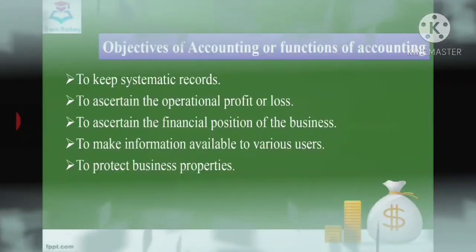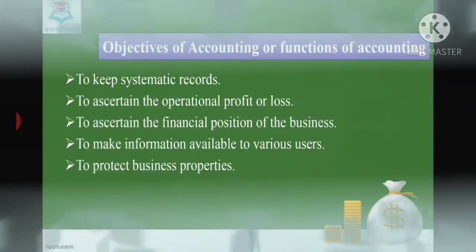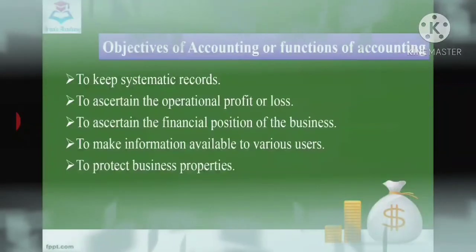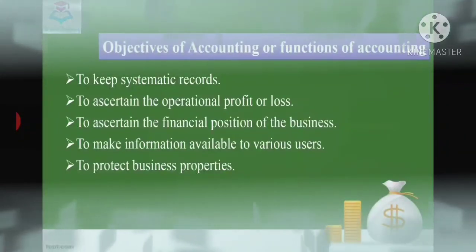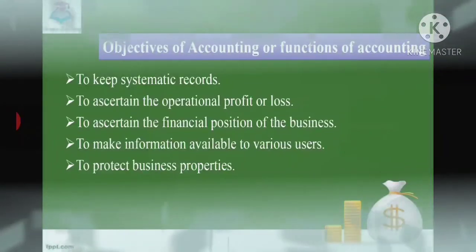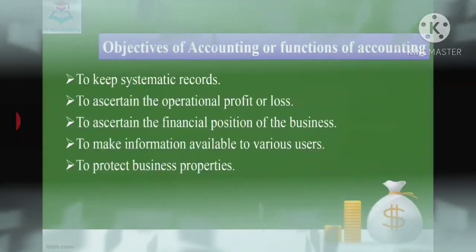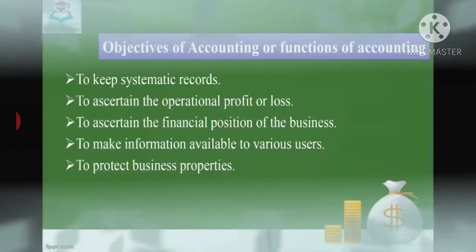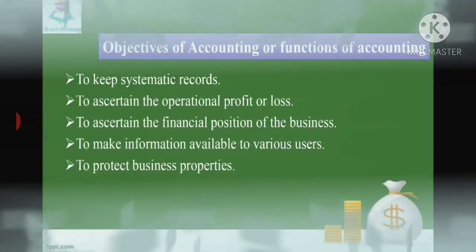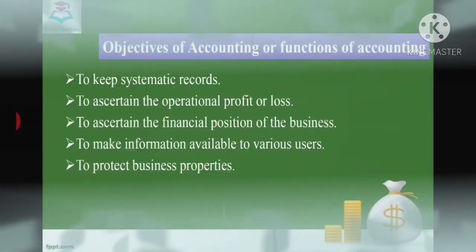Next, secondly, to ascertain the operational profit or loss is the second objective of accounting. It helps to ascertain the operational profit or loss, to know the results of an entity. Entity here is nothing but an organization or a company or any business concern.